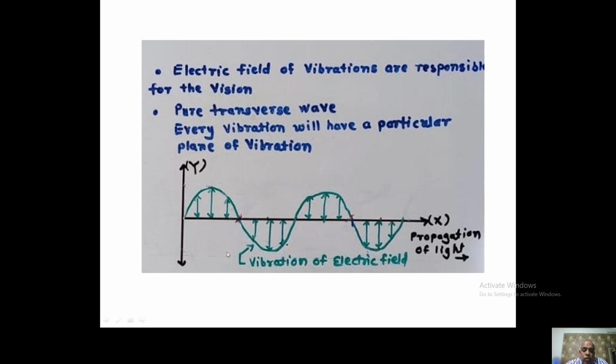That means it is in the direction of y, perpendicular to the propagation of light, and the propagation of light is considered along the x-axis. This is purely transverse in nature, and every vibration will have a particular plane of vibration. That means the vibration of the electrical field vector is along the YZ plane, and the propagation of light is along the x-axis.